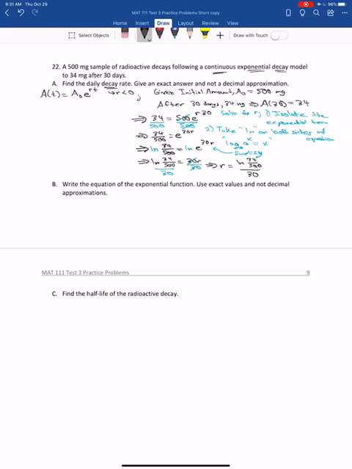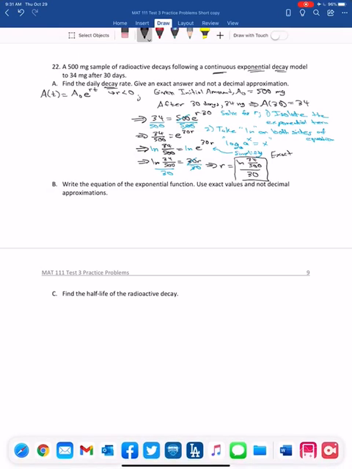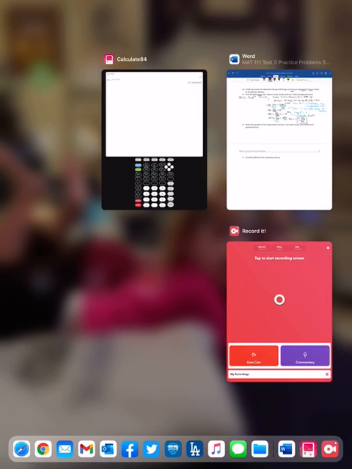Now that's our exact, right? There's the exact rate. And we mentioned this is a decay model, so it should be a negative value. So let's show that. So what is the natural log of 34 over 500 divided by 30? And you might, like we did in our last one, maybe you want to simplify 34 over 500 and make that look a little bit better.